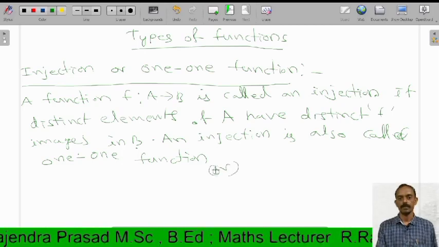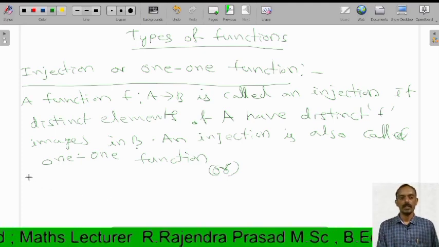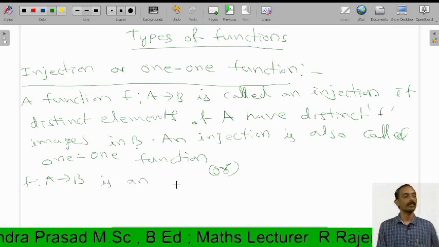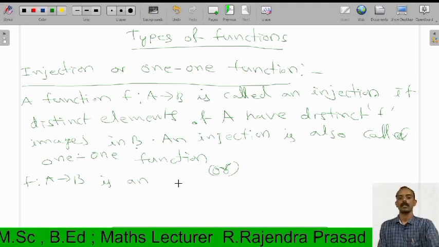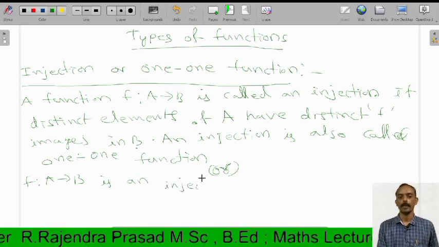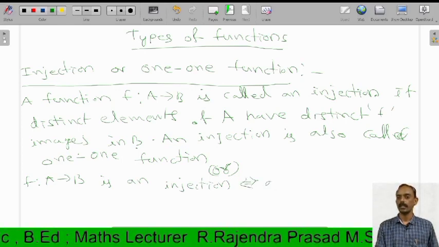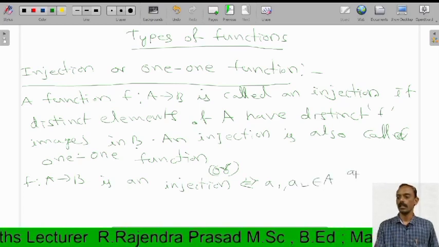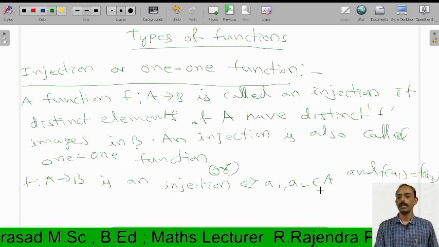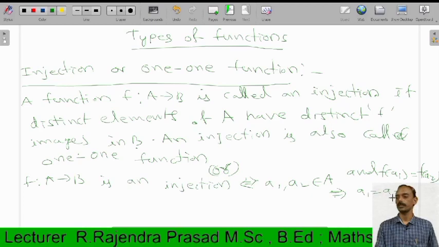Now the mathematical definition. f: A to B is an injection if and only if a1, a2 belongs to A and f of a1 equal to f of a2 implies a1 equal to a2.